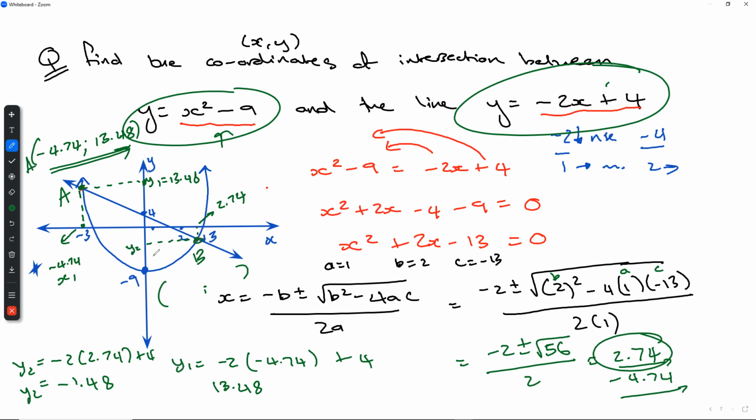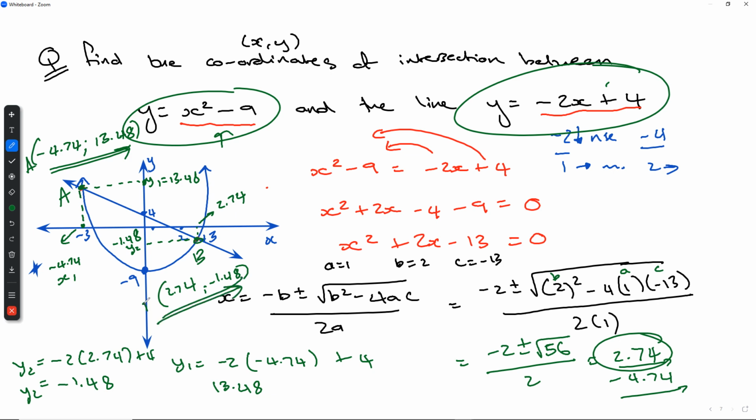And that's going to be this y value over here, which is y2. So we got 2.74 and negative 1.48.